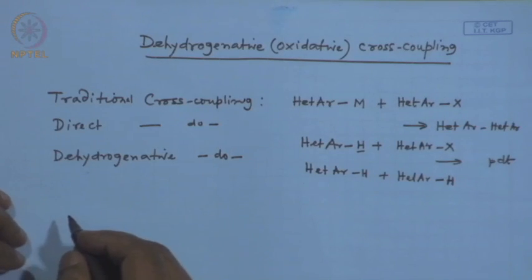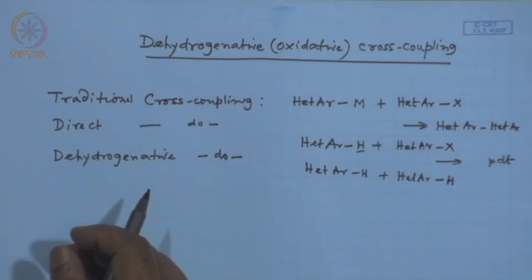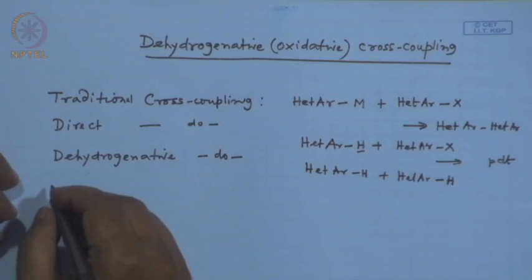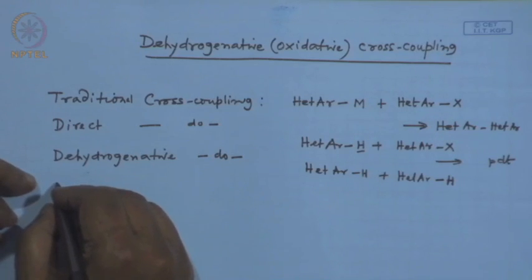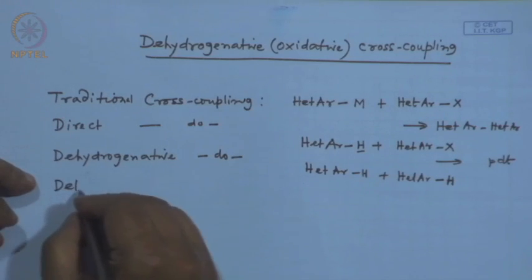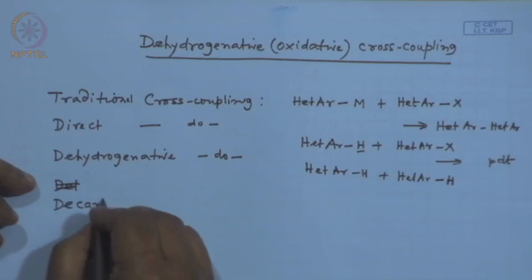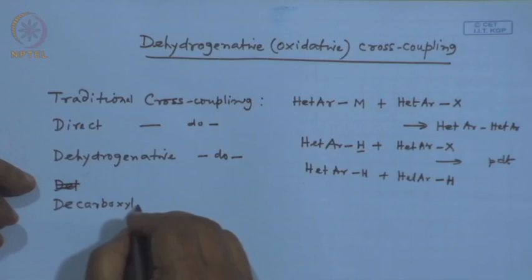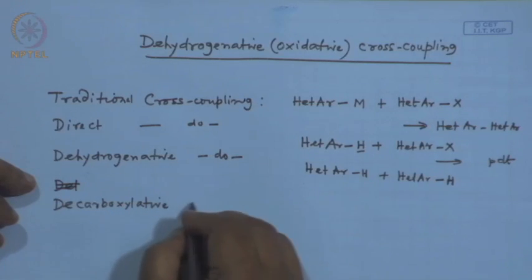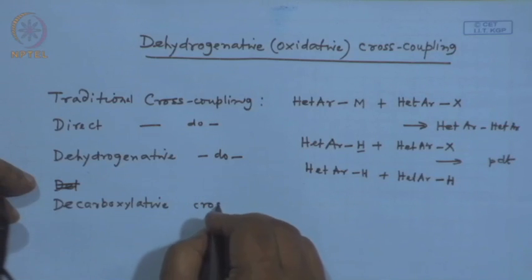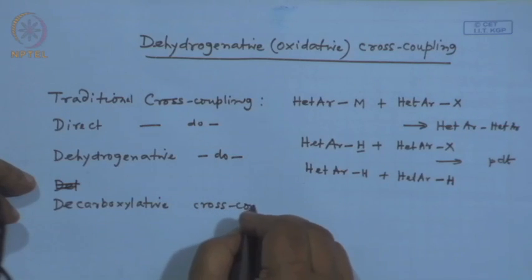And there is one more very interesting and quite useful coupling coming up, which is not well studied, but there is a possibility that in future this reaction could be a popular reaction.